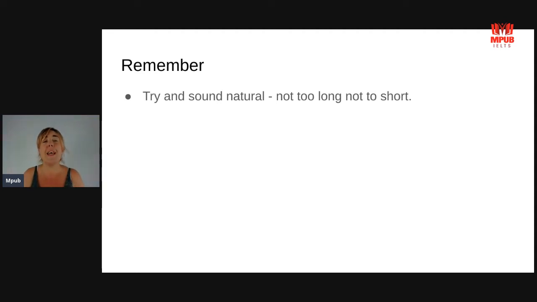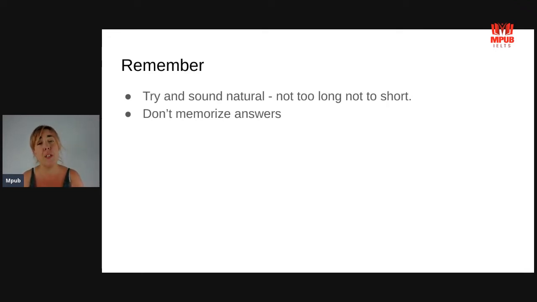Also, don't make the answers too long. "How are you?" "Fine. Yesterday I went swimming. The day before I went running, and today I'm a little bit tired." The person doesn't need to know all of that information. Don't memorize answers. If in the exam you are trying to remember complete sentences that you have studied before the exam, it doesn't sound natural.